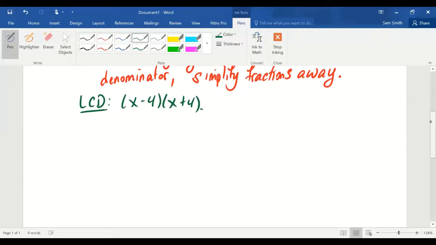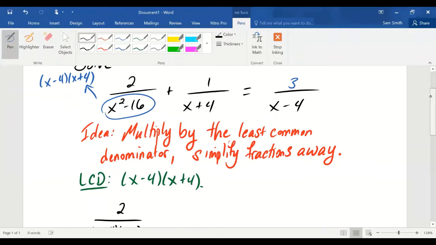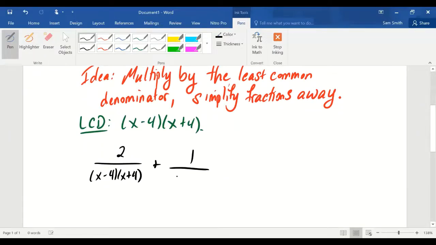Now here is the key step, I would say. I'm going to rewrite the problem with all of the denominators in factored form. So 2 over x minus 4, x plus 4, plus 1 over x plus 4, equals 3 over x minus 4. And here is the key.